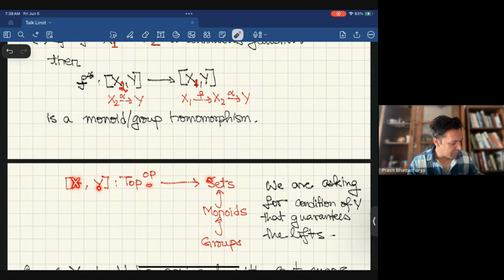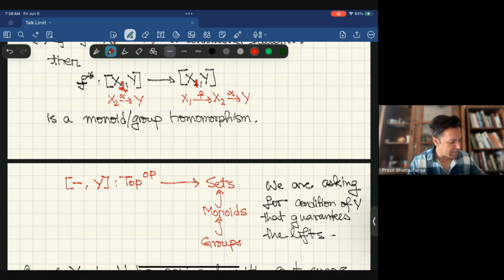And not only that, for any map from x1 to x2, I get a map of sets in the backward direction, hence this op. But I am asking for conditions on y such that I can satisfy some lifting problem.